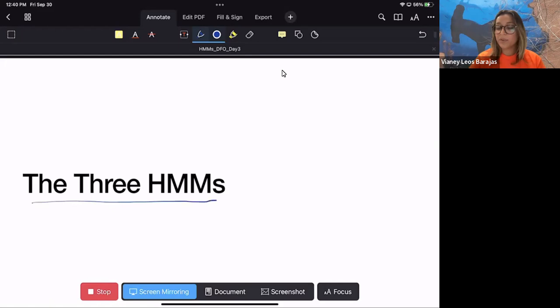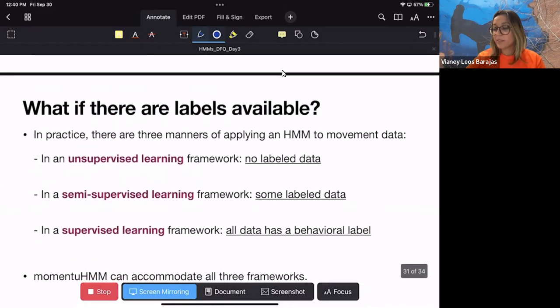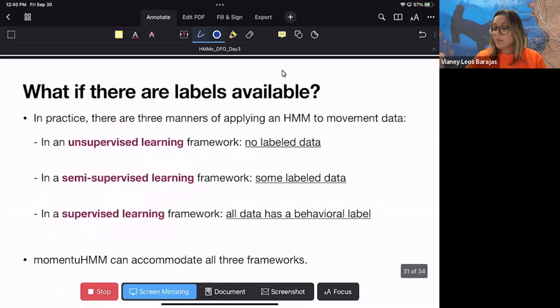But generally, there's 3 HMMs, only one of which is often used in the study of animal movement. There's 3 manners of applying a hidden Markov model to movement data. Typically, what we do is a so-called unsupervised learning framework, which means we don't incorporate any labeled data, any behaviors into the time series.